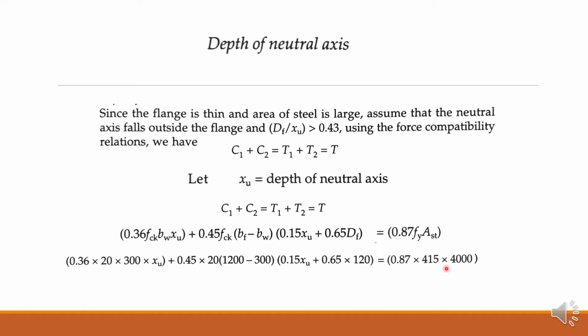The area of steel is already given in the problem, pi d square by 4, so you are getting a value of around 4000. By solving this equation, we will get the value of 240.7 mm. So xu is equal to 240.7 mm.